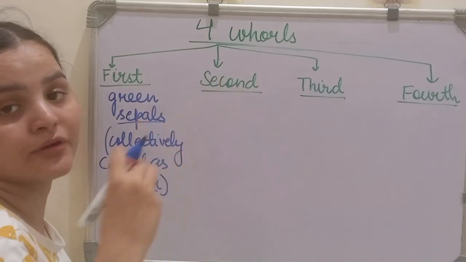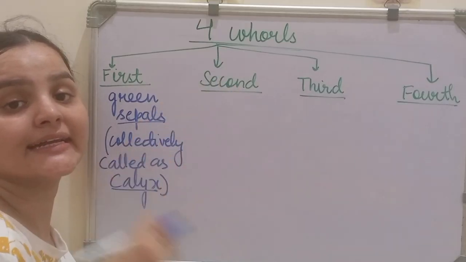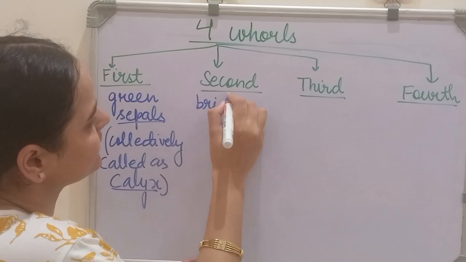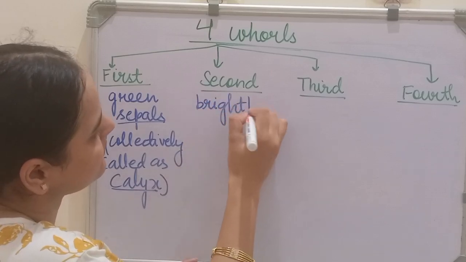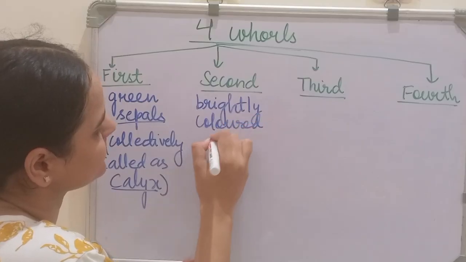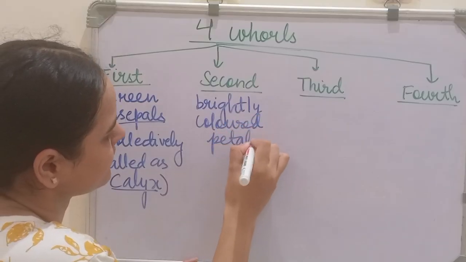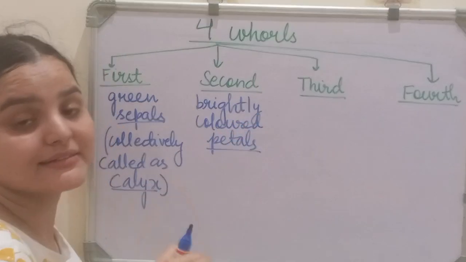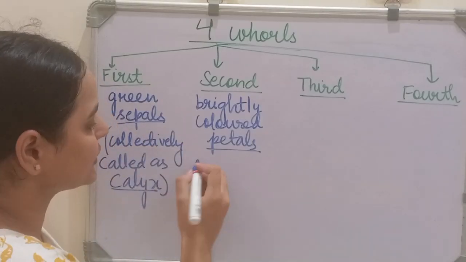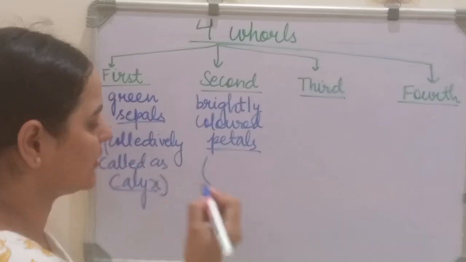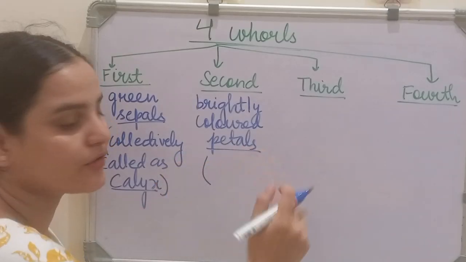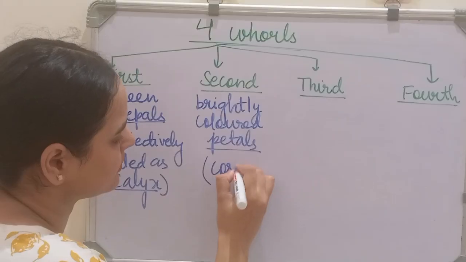Now the second whorl includes the brightly colored petals. Now again, these petals are collectively, means their group, they are collectively called as corolla. Just note it down.